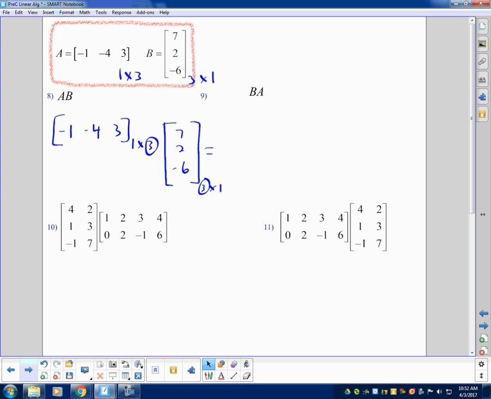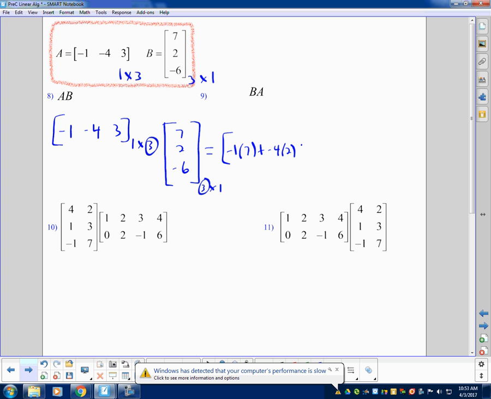Okay, 1 by 1. So it'll just be one entry here. It's negative 1 times 7 plus negative 4 times 2 plus 3 times negative 6.